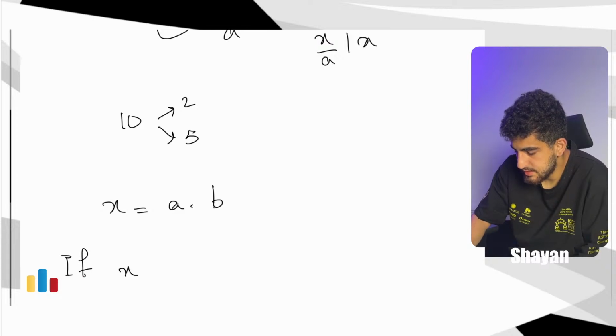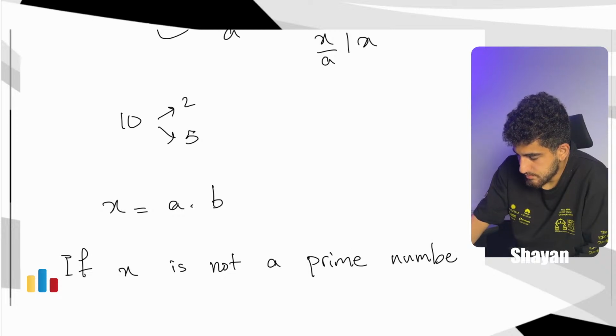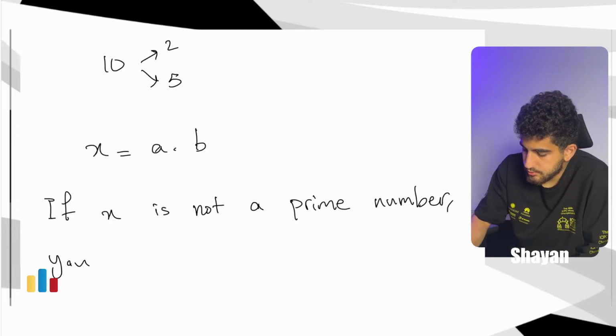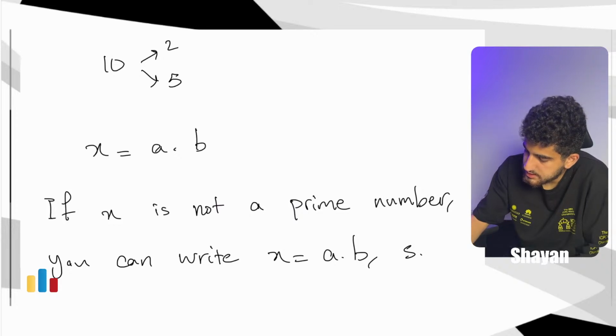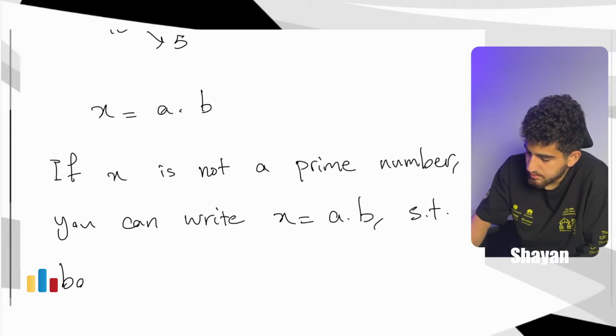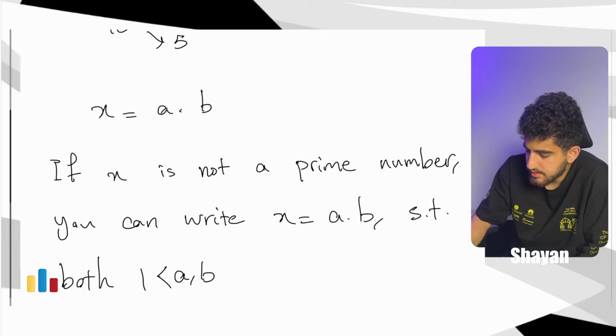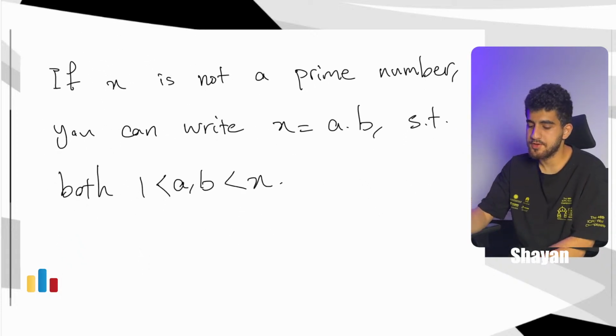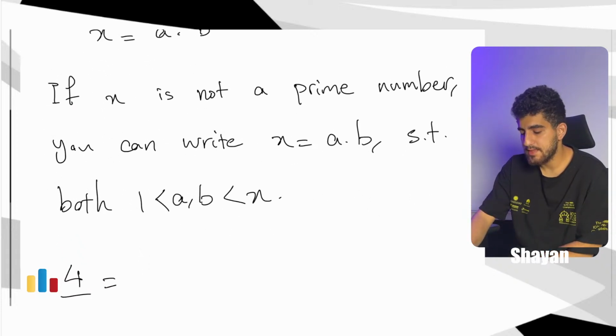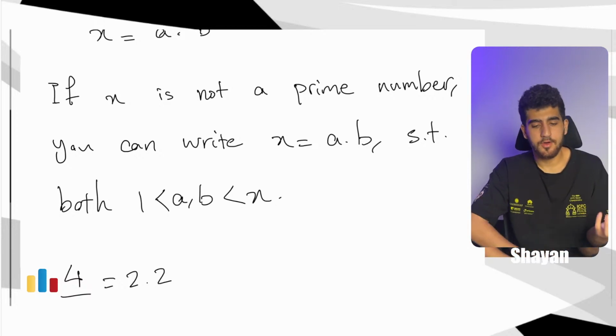If x is not a prime number, you can write x as a times b such that both a and b are greater than 1 and less than x. A and b can also be equal. For example, when you have the number 4, a and b are both 2. So they can also be equal.